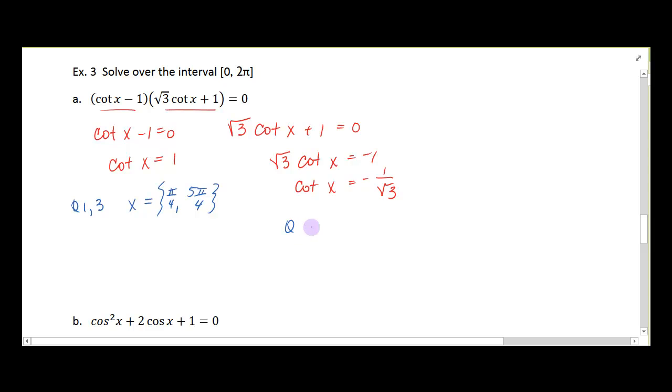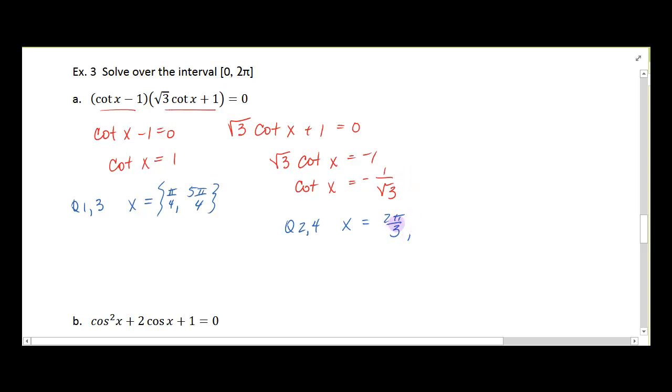So I would be looking at angles that are falling in quadrants 2 and 4. And those angles are going to be represented by 2 pi over 3, because the cotangent of 2 pi over 3 is -1 over the square root of 3, or square root of 3 over 3 if you want to conjugate it.